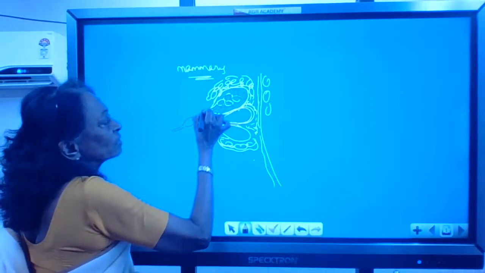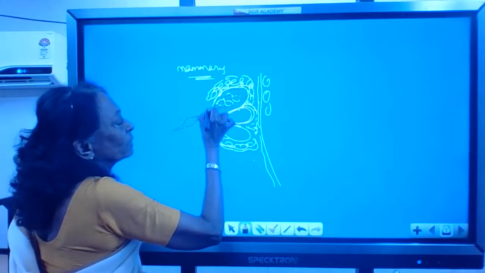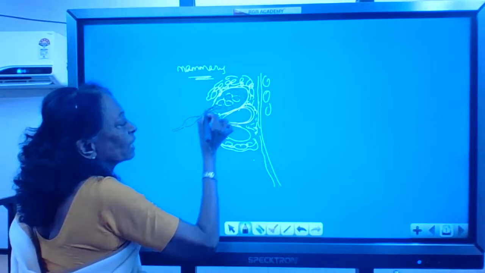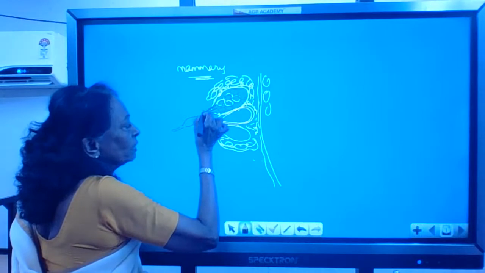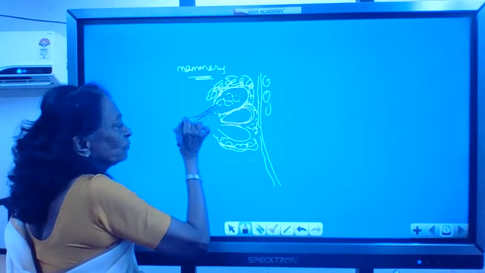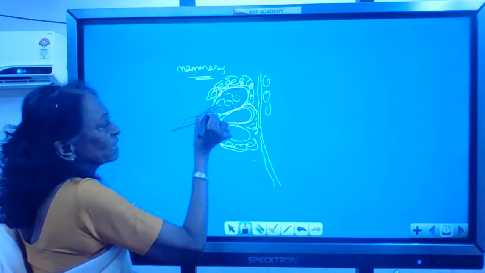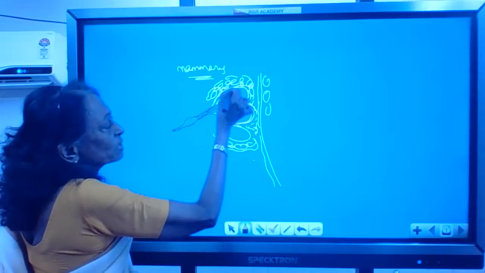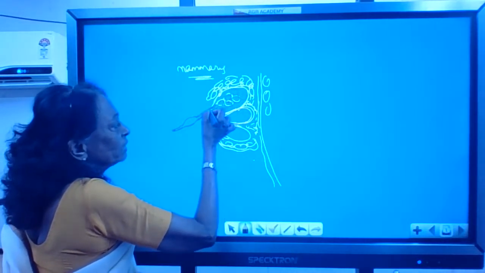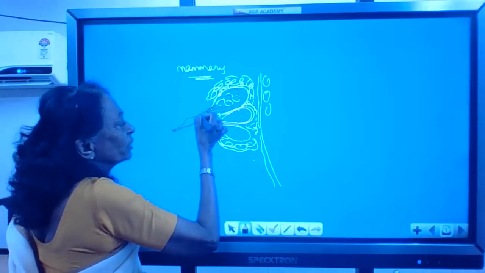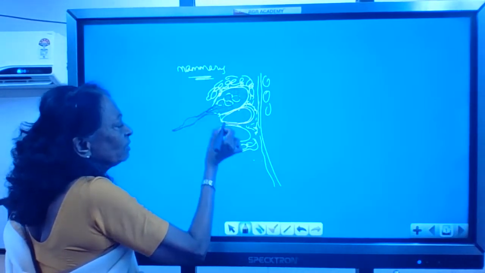So tiny tubules from the alveoli join to form the common duct. Then it forms an enlarged part, the ampulla, that opens into the lactiferous duct. These are the three parts. The first part is the lobule, alveoli, tiny tubules from the alveoli joined together forming a single duct.